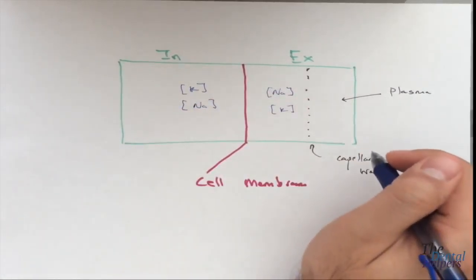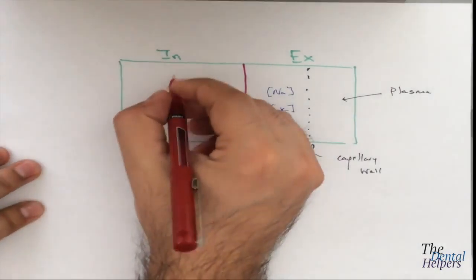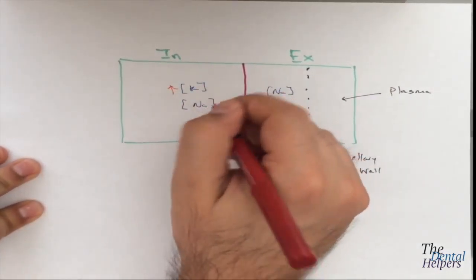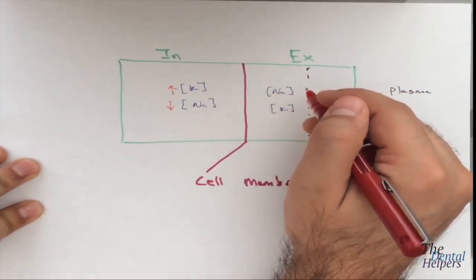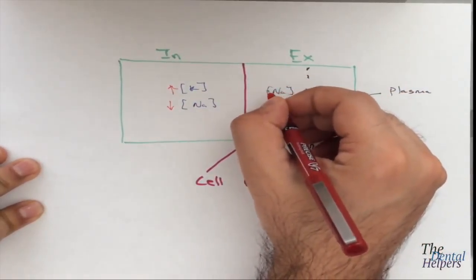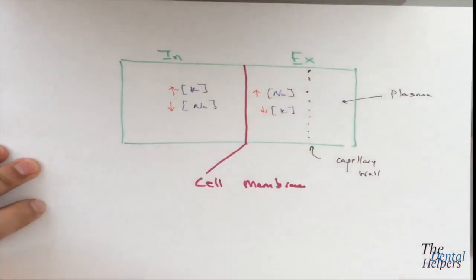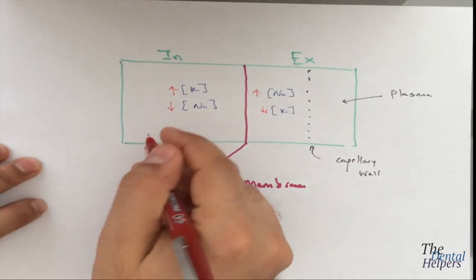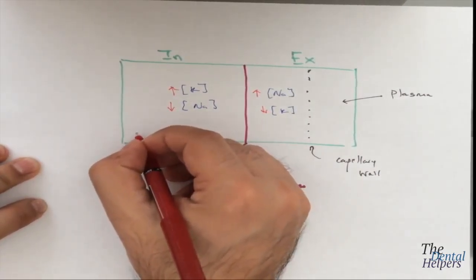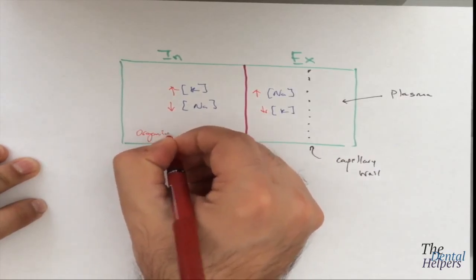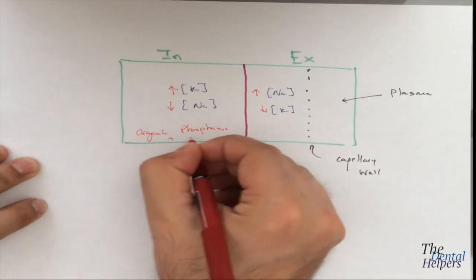On the intracellular, we're going to have more potassium and less sodium. On the extracellular, it's going to be the exact opposite. We're going to have more sodium and less potassium. The other thing that's going to be found in the intracellular is organic phosphates plus proteins.